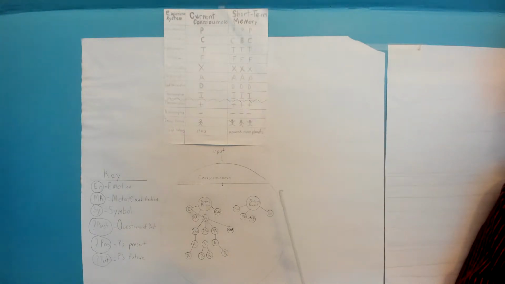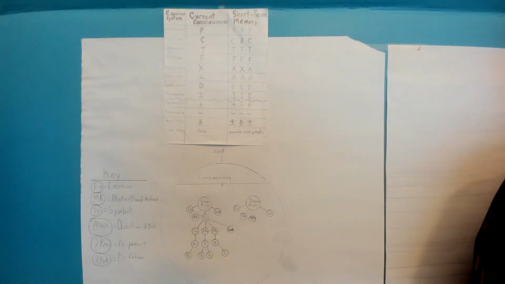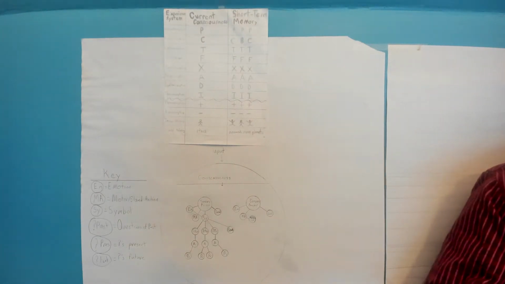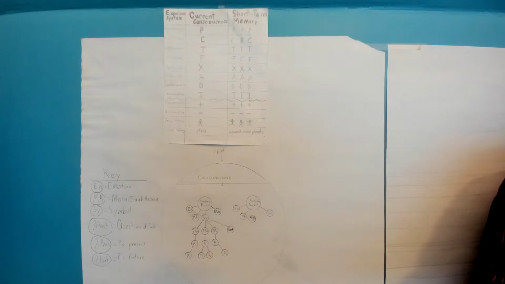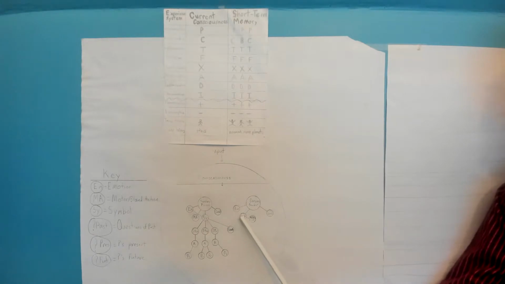It sees a grasshopper, motor action: catch and eat. There's no emotion, I wouldn't think. But these emotions and motor actions work in tandem, because there are certain motor actions that are associated with certain emotions.